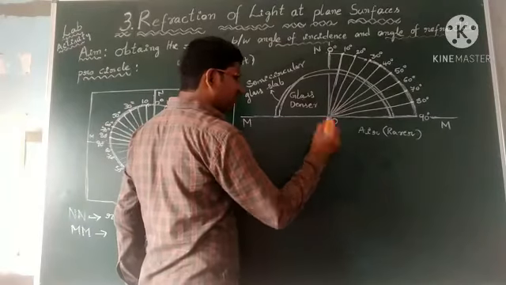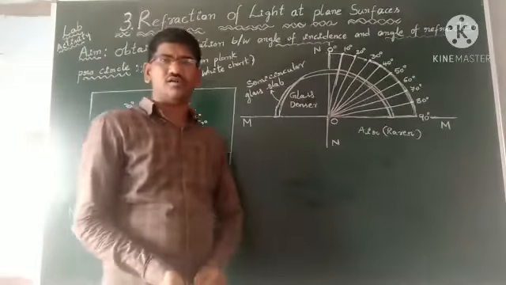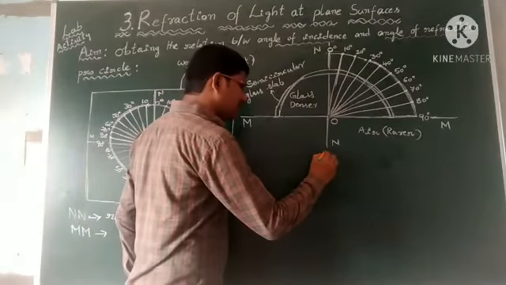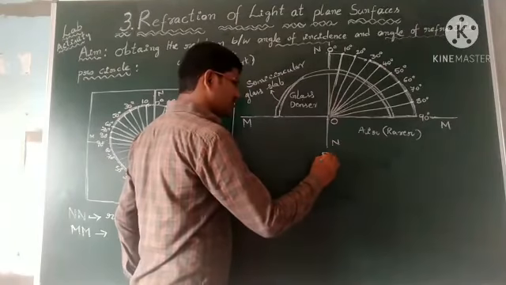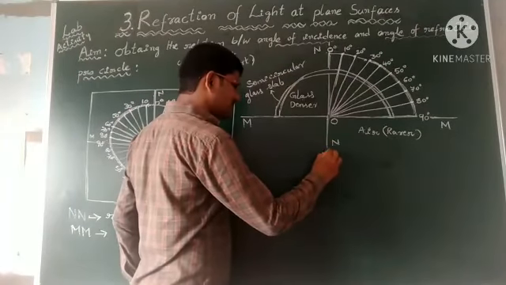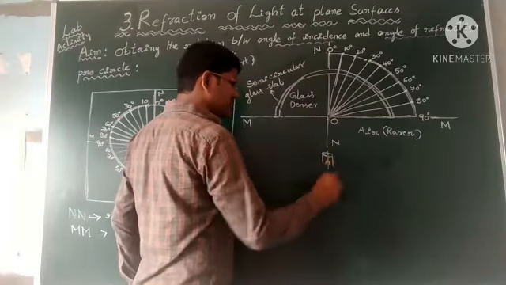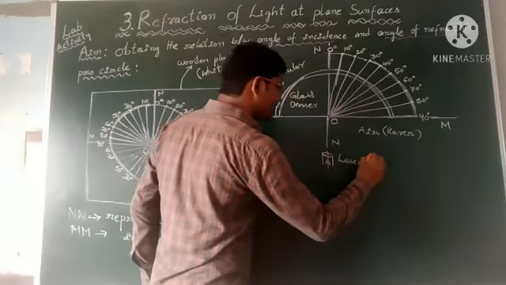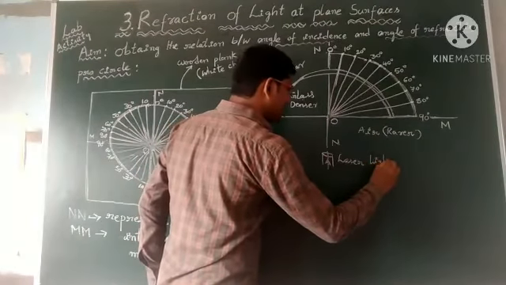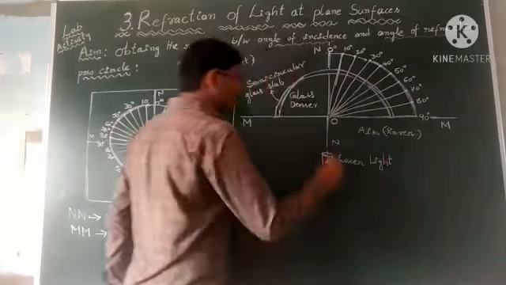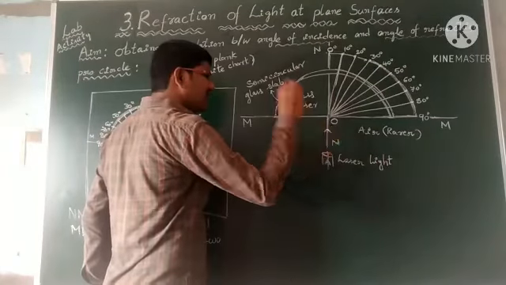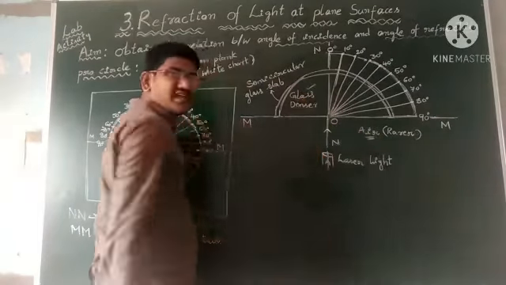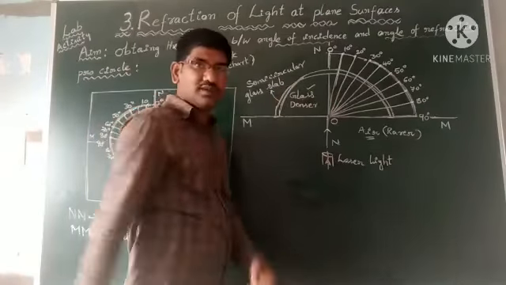Now we will take the laser light. So this MM is the interface, and this NN is the normal, we know, my dear students. Now take a laser light and send it along the normal NN, such that it passes from air medium to glass medium.